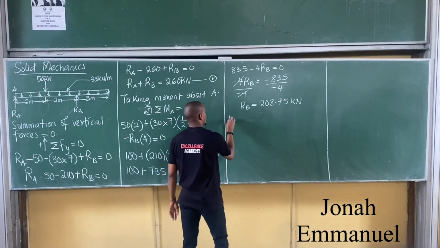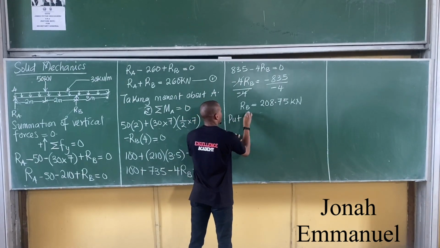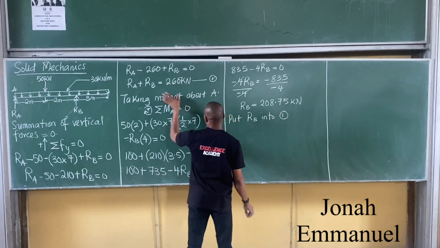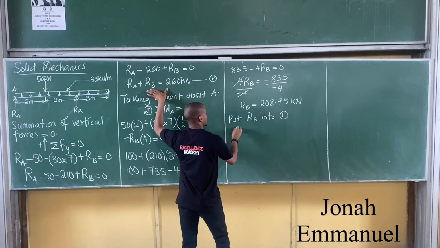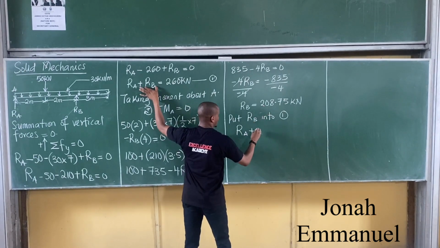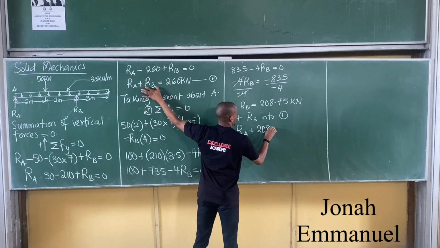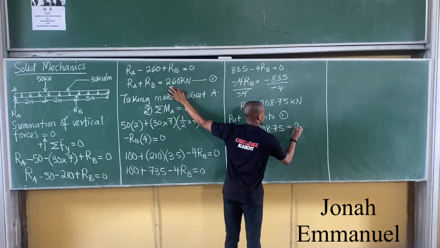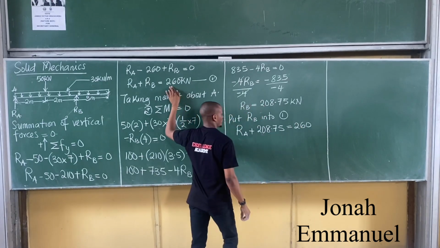I'll now put the value of RB into equation 1. From 1 I have that RA plus RB, RB is this, 208.75, is equal to 260. Right.